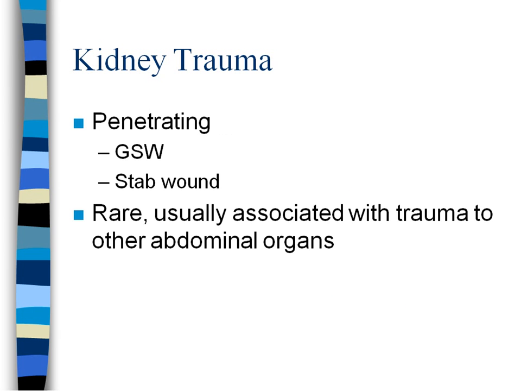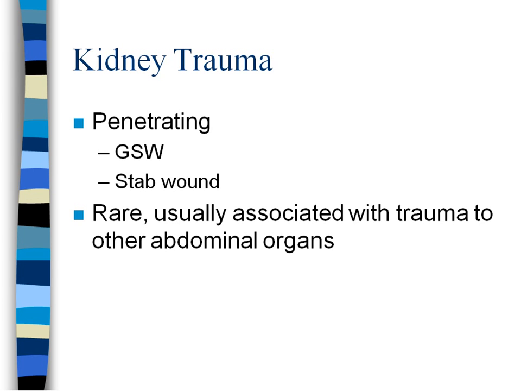Here's what you need to know about the kidney. It's rare to have solely kidney involvement. Usually it's associated with other injuries. Okay? So that's kind of like my ribs. If you think about it like that, usually if I have a rib injury, I need to be thinking, okay, what injuries do I have underneath there? Same goes with my kidney. Okay?